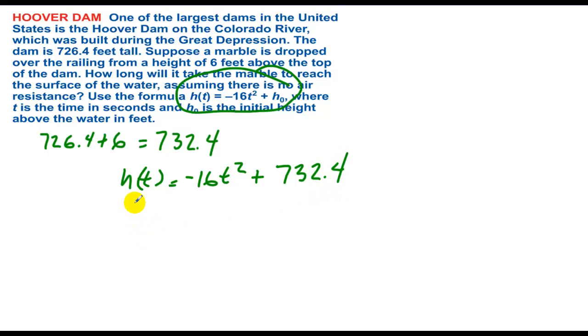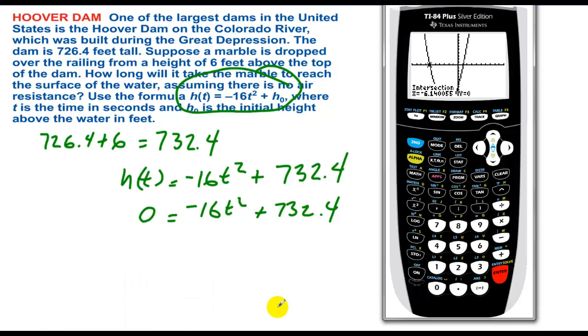We also know that we want the ground height to be 0 after the marble falls. So I go negative 16 t squared plus 732.4. And we're going to pop that into our calculator once again.